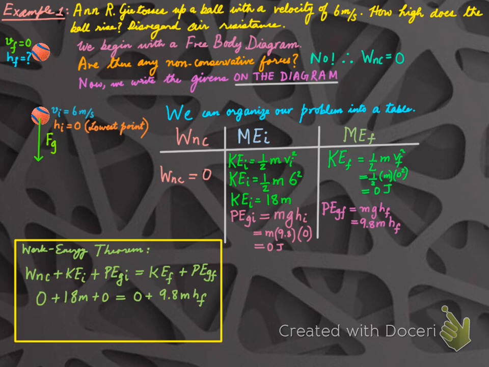So from our chart, we fill in what we have. So 0 plus 18m for the initial kinetic energy plus 0 for the initial gravitational potential energy equals 0 for the final kinetic energy plus 9.8 m h final for the final gravitational potential energy.